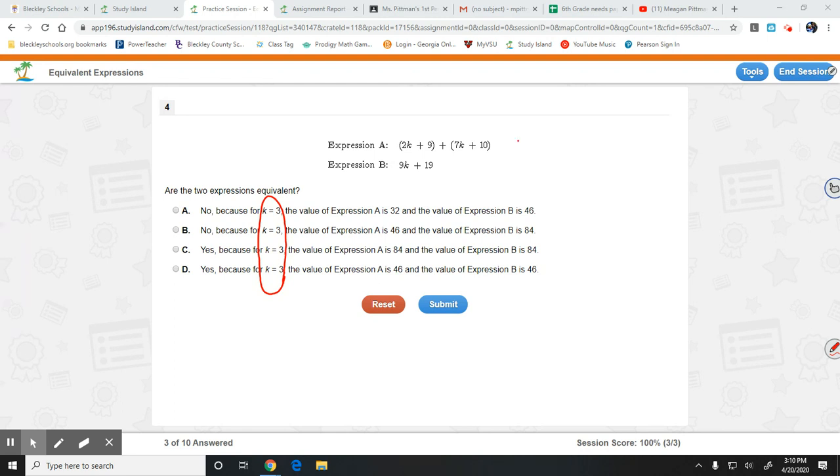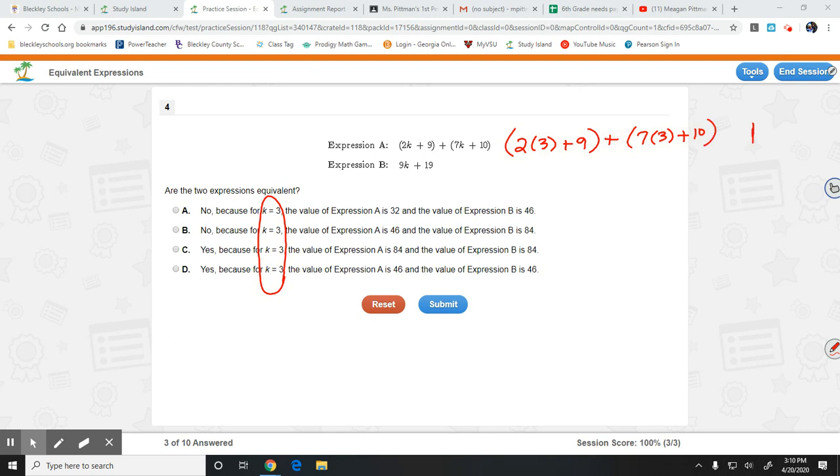3 for k, I'm going to have 2 times 3 plus 9, plus parentheses 7. Oops, I was about to put k again. Plus 3 plus 10. All right.